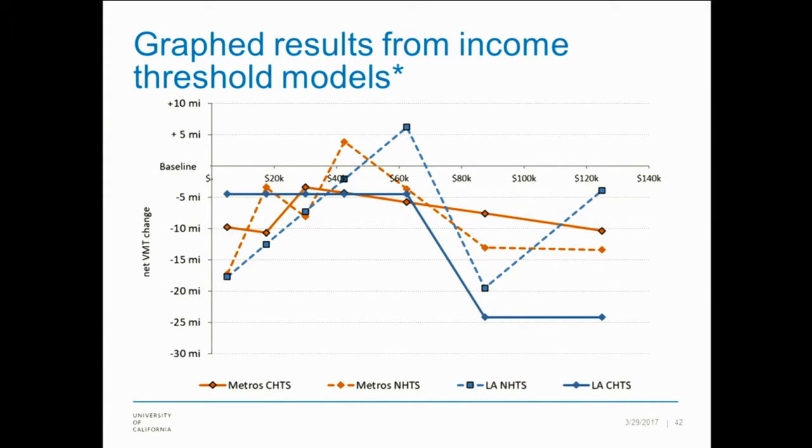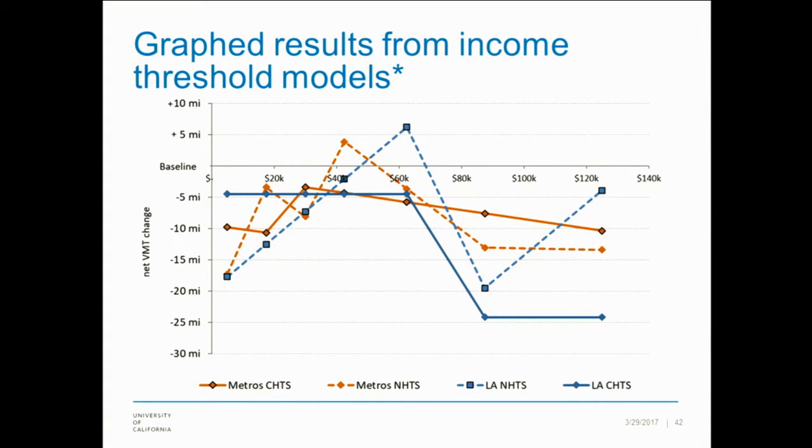For Los Angeles, the blue lines show not much difference in VMT up until you get to the $60,000 level, and then the differential goes way down for higher levels of income. So just looking at the blue solid line, what this solid line shows is that in the California Household Travel Survey for Los Angeles only, there's a greater VMT reduction associated with rail at higher levels of income.